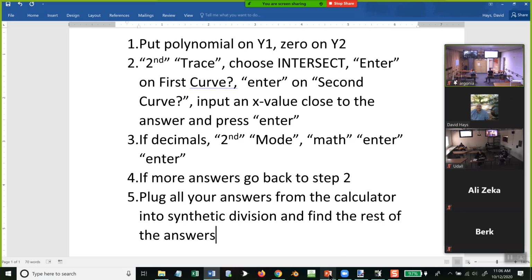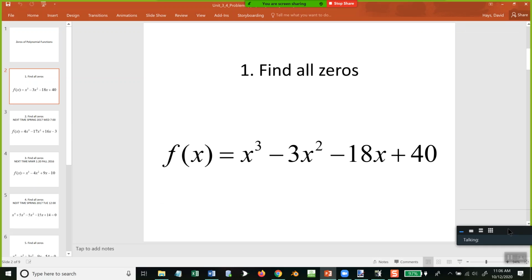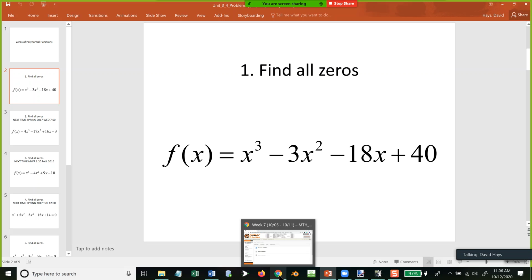Okay, let's take a look at our first problem. Now we want to find all the zeros. Our steps said to put the polynomial on y1, 0 on y2.